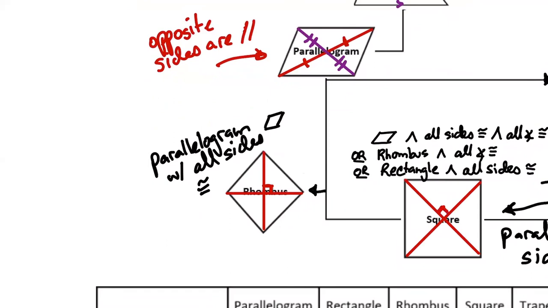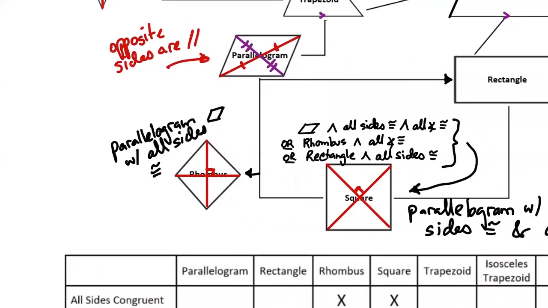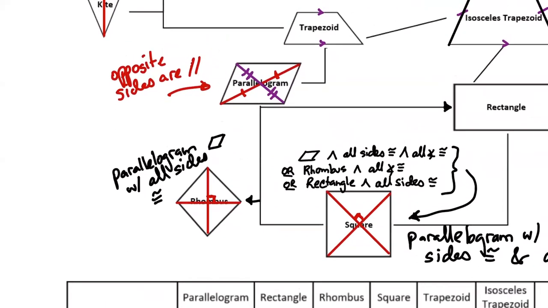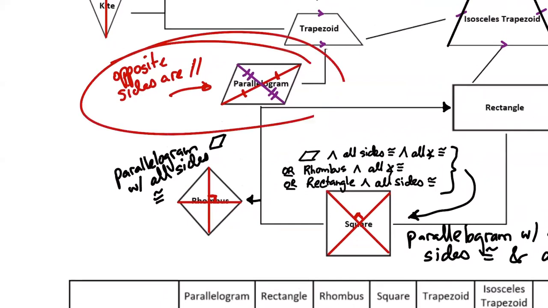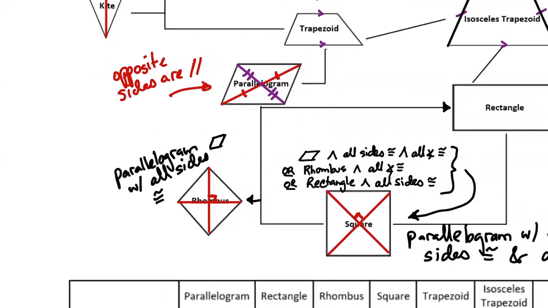Right. Now, in particular for a rhombus and a square, you got to consider a lot of different things going on here. First off, if they're parallelograms and parallelograms have diagonals that bisect each other, then these two line segments are congruent in length, and these two line segments are congruent in length. Same deal here.